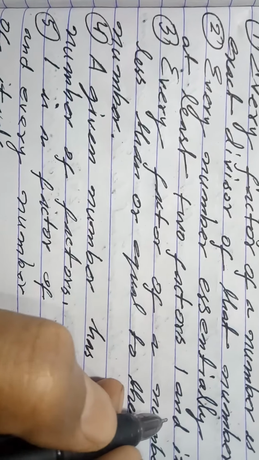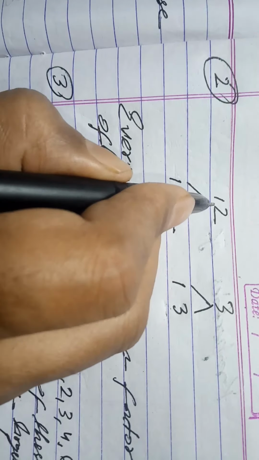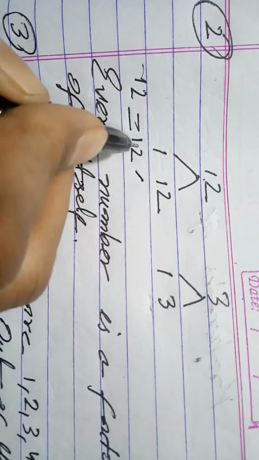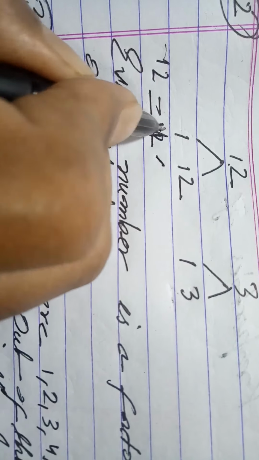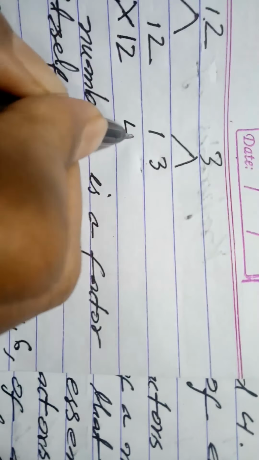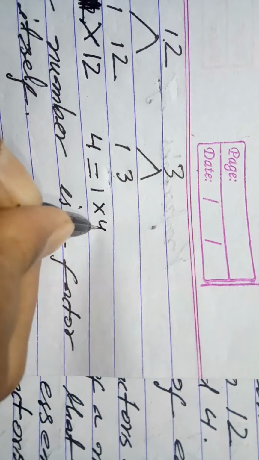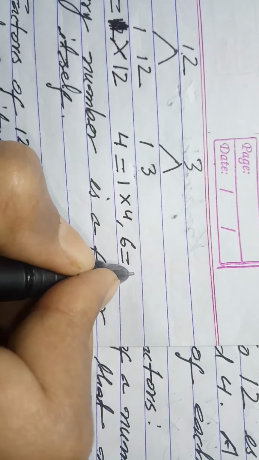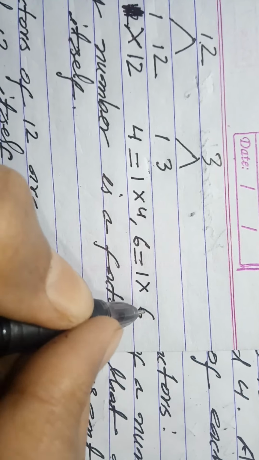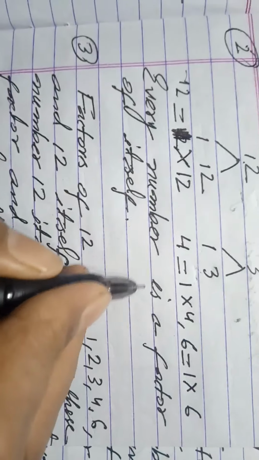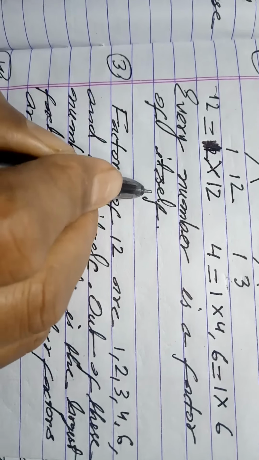Students, look at this. 12 equals 1 into 12. 4 equals 1 into 4. 6 equals 1 into 6, and so on. So every number is a factor of itself.